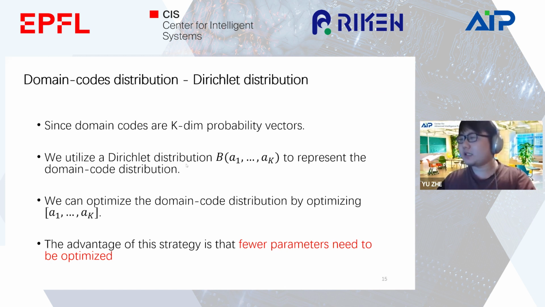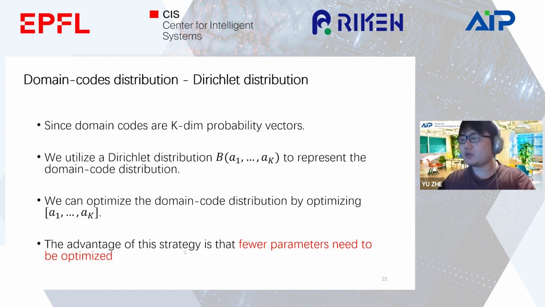So we utilize our Dirichlet distribution parameterized by alpha 1 to alpha k to represent the domain code distributions. Then we can optimize the domain code distributions by optimizing alpha 1 to alpha k to find the worst case distributions.